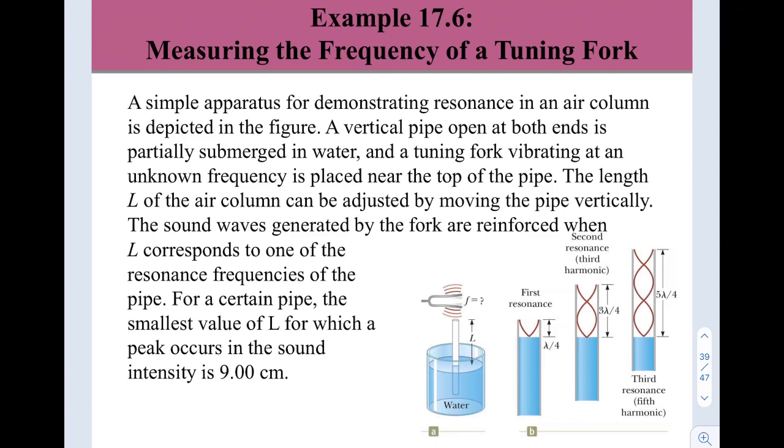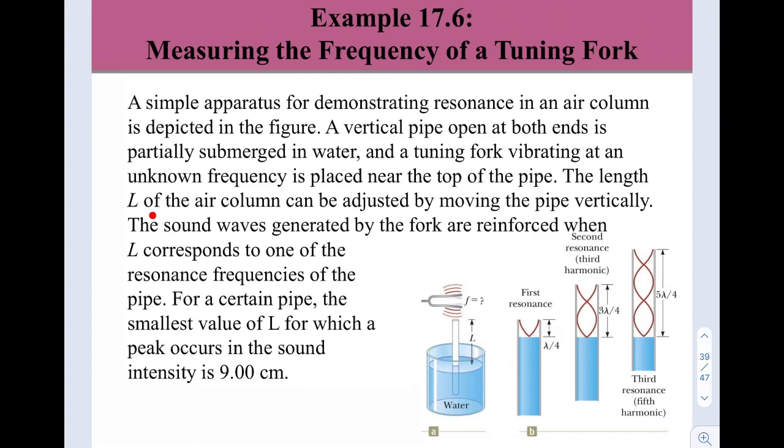Example 17.6, measuring the frequency of a tuning fork. A simple apparatus for demonstrating resonance in an air column is depicted in the figure here. A vertical pipe open at both ends is partially submerged in water, and a tuning fork vibrating at an unknown frequency is placed near the top of the pipe.